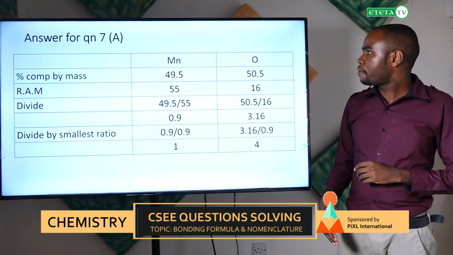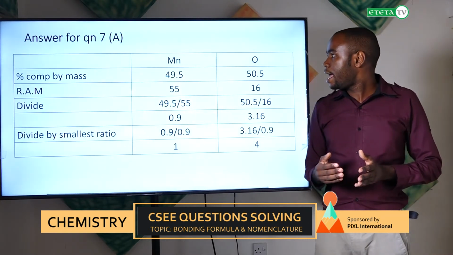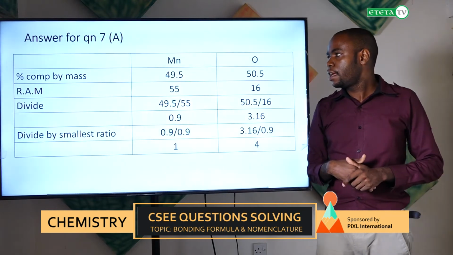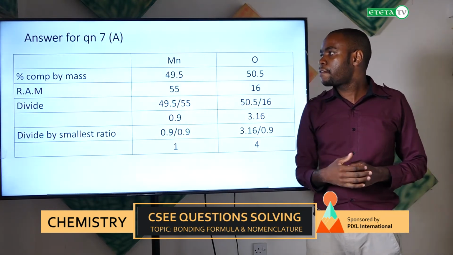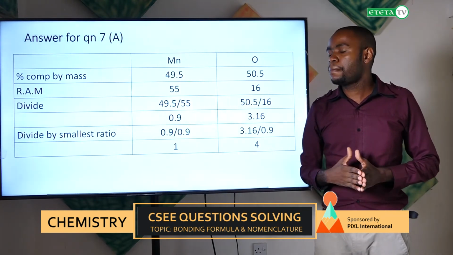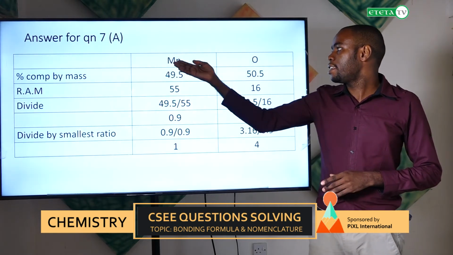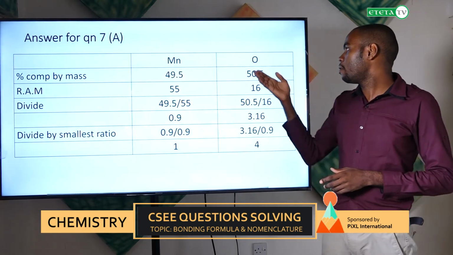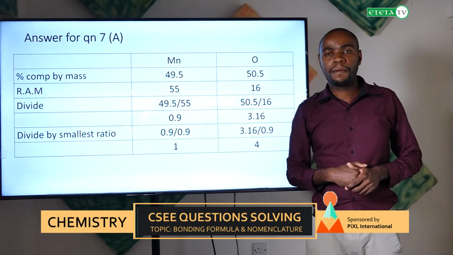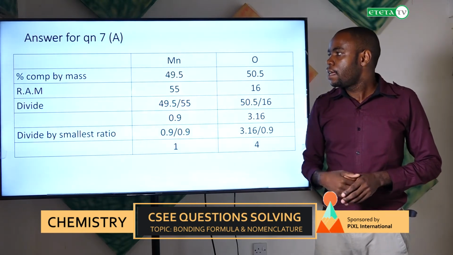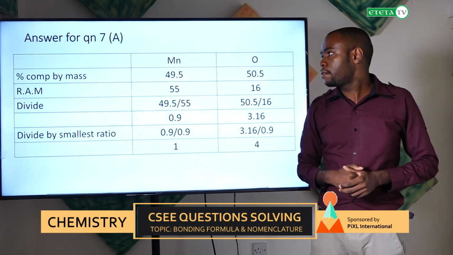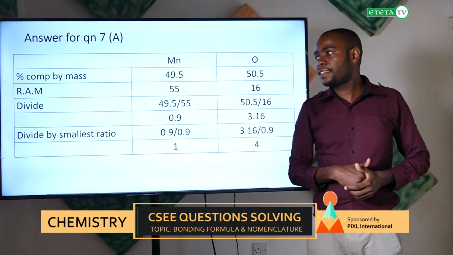From the table here, we have 2 elements, manganese and oxygen. The first thing you need is the percentage composition by mass. In manganese it is 49.5, while in oxygen it is 50.5. The relative atomic mass for manganese is 55, but for oxygen it is 16.